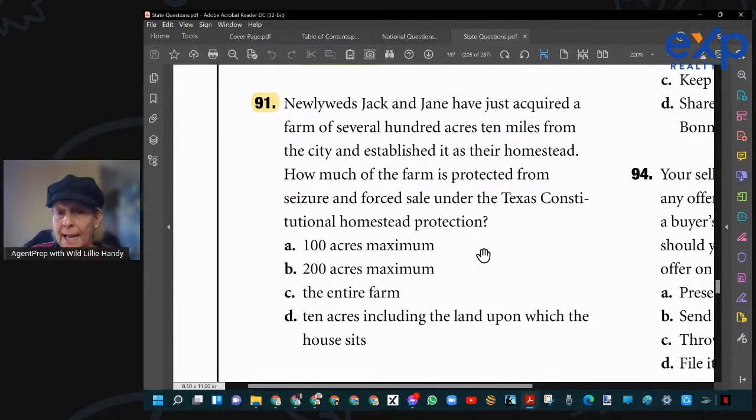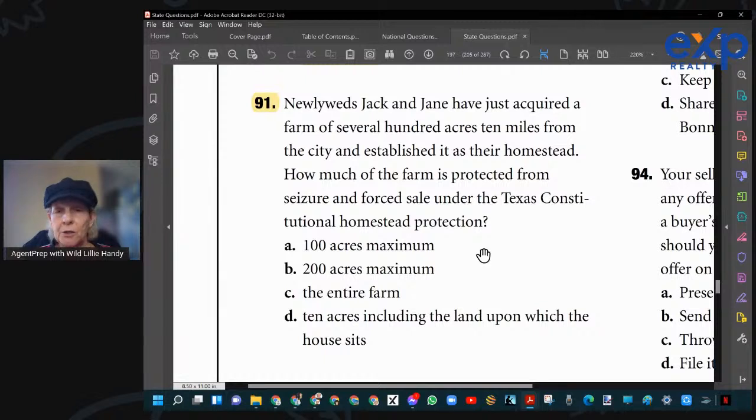The lender can, if we default on the loan or on property taxes or on insurance. However, a homestead is your primary residence. And if you live out in the country with lots of acreage, a married couple can be allowed 200 acres to be protected by the homestead law.